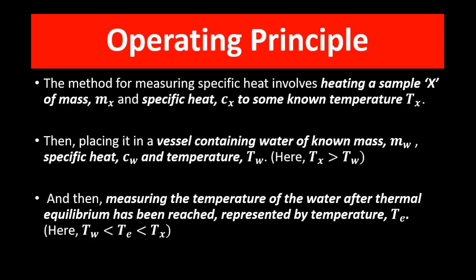Now the operating principle. Let's say we heat a particular sample, a substance, whatever substance it is. We heat that sample, let's call it sample or substance X. It has a mass mx and a specific heat Cx, heated to some known higher temperature.